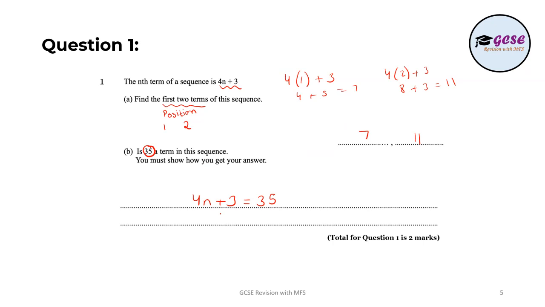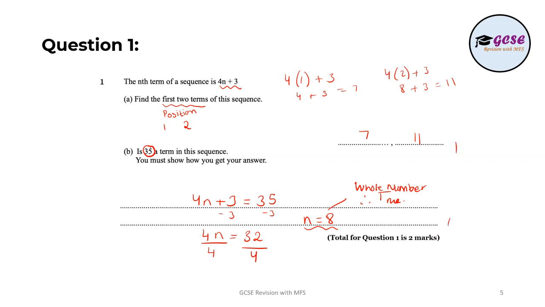You divide by 4 on both sides because you're multiplying it, and you get that n is 32 divided by 4, which is 8. Okay, so n is 8. It's a whole number, therefore it's going to be true. Okay, and you will get 1 mark for there, 1 mark here.